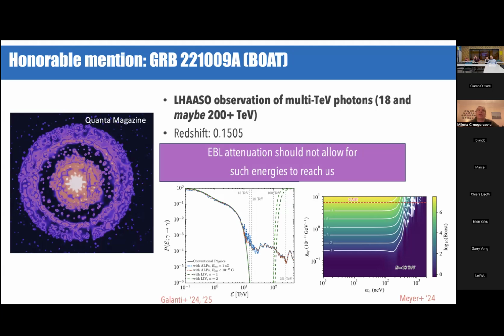And I want to emphasize that these have to be really carefully done because the energy resolution of these instruments is very limited.